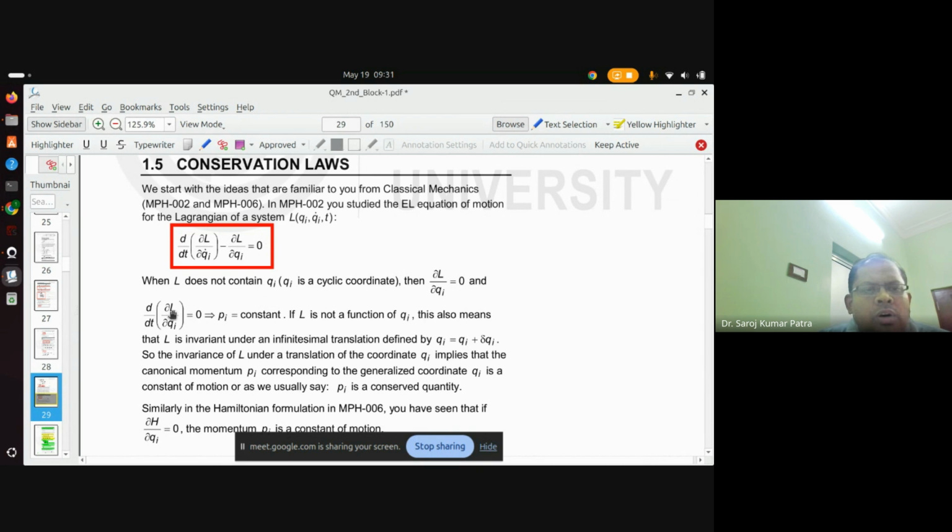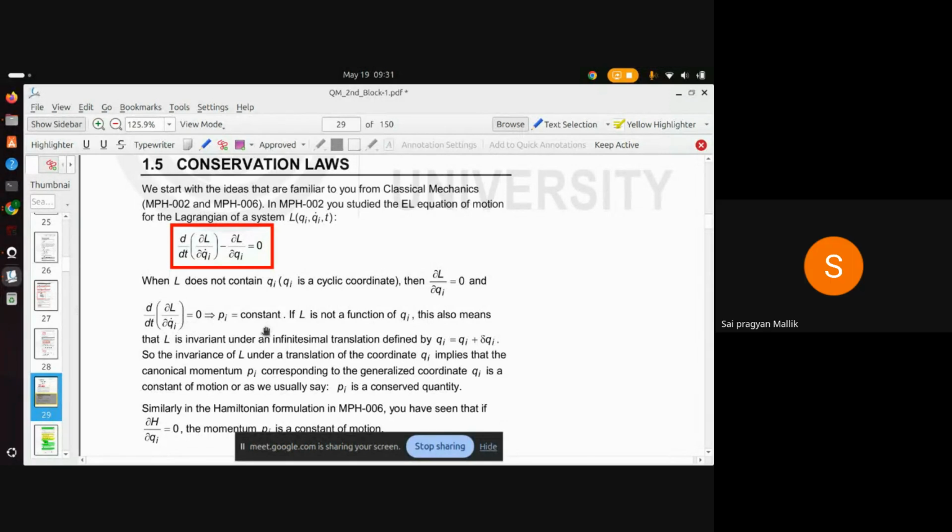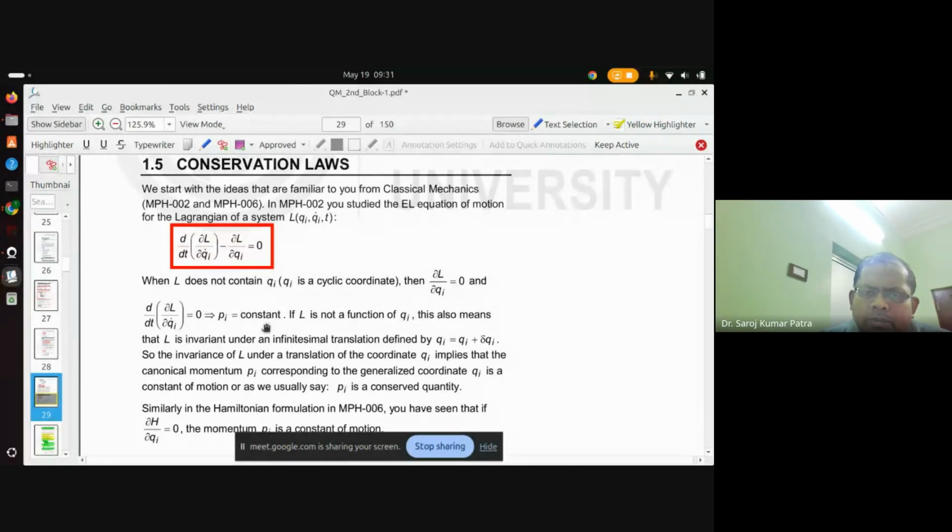If the derivative with respect to time is 0, that means del L by del Qi dot will be a constant of time. So what is that? Del L by del Qi dot is Pi, right? So Pi will become constant. If L is not a function of Qi, this also means that L is invariant under an infinitesimal translation given by Qi goes to Qi plus delta Qi.